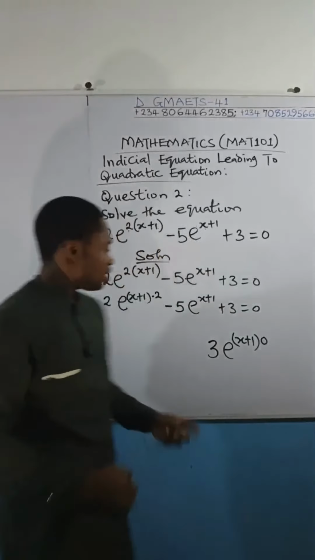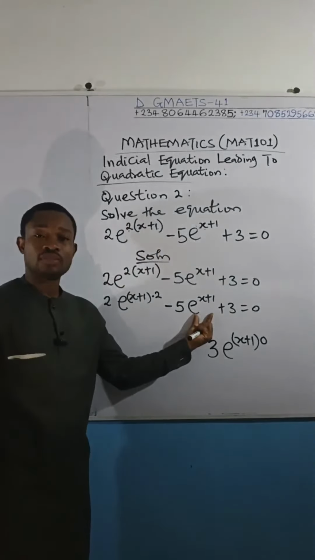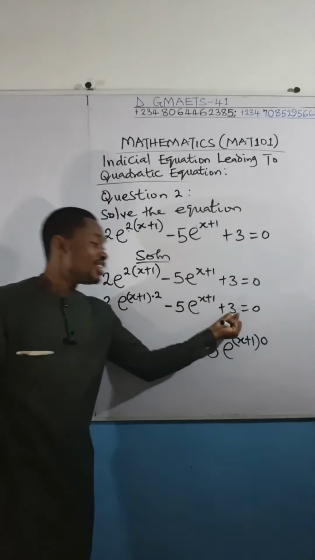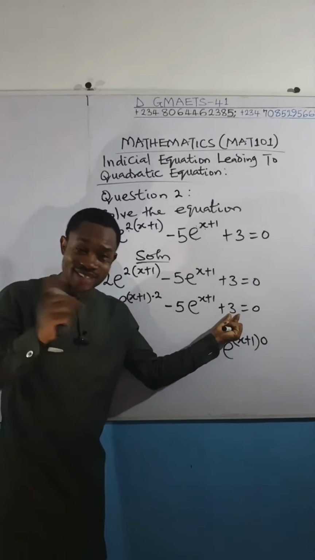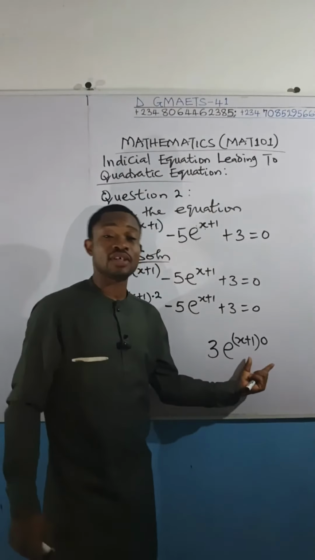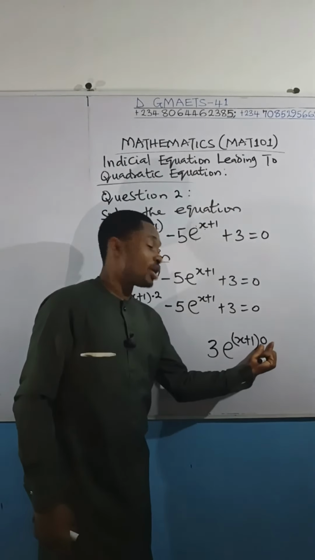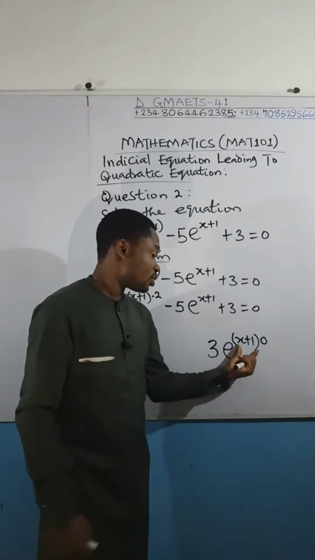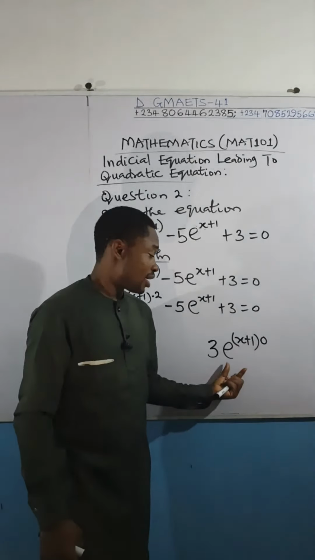Here, the exponential term of x plus 1 is power 1. Here, it is power 2. This constant 3 that does not contain any exponential term actually has an invisible exponential term written like this, because this whole term raised to power 0 will give you 1. An exponential term to power 0, because this bracket times 0 is 1. Right?